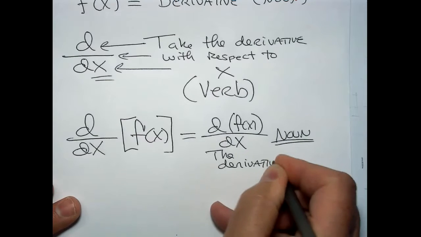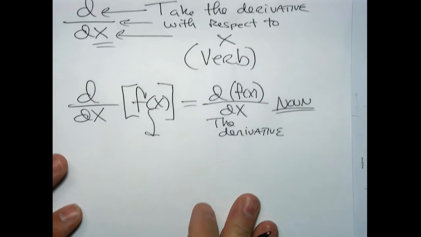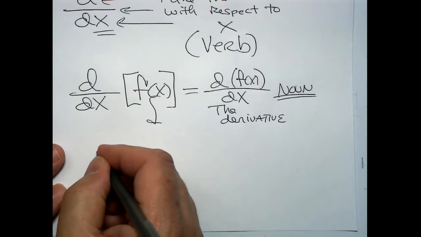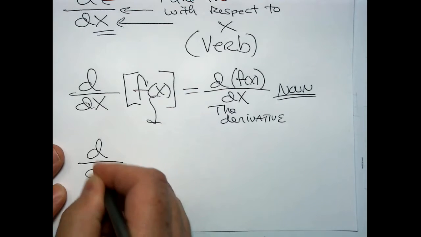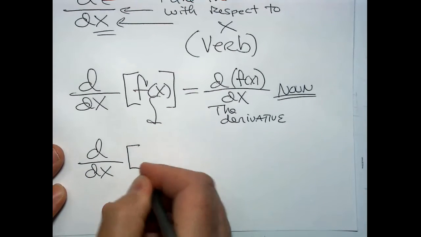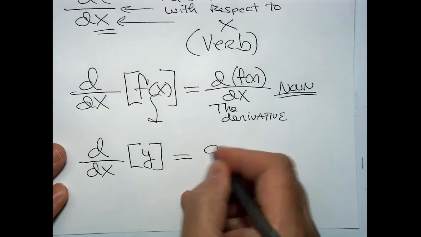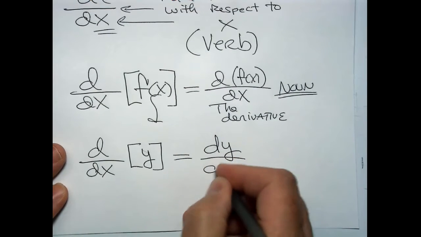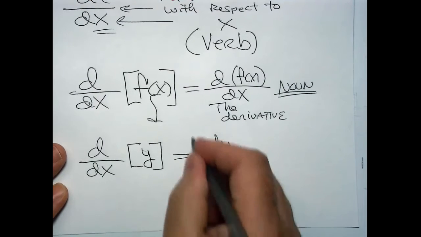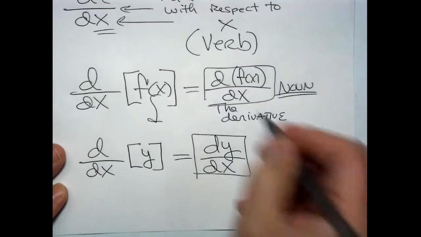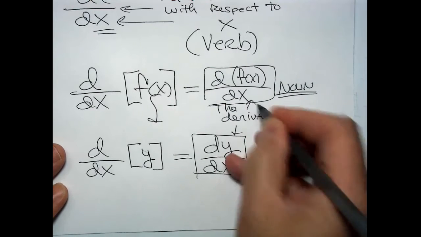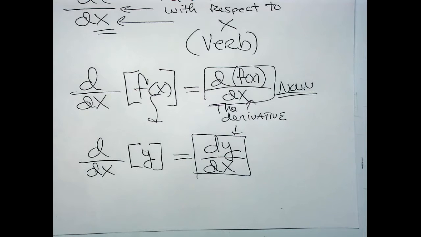Now, you know that before we had function notation, remember what we used to call f of x? It was just y. So what you're really doing is taking the derivative with respect to x of the y equals function. And this is the more common way we see the derivative written. Again, this is a noun. Both of these are. These are the derivatives.